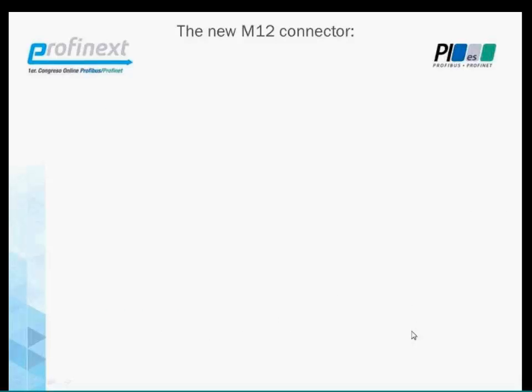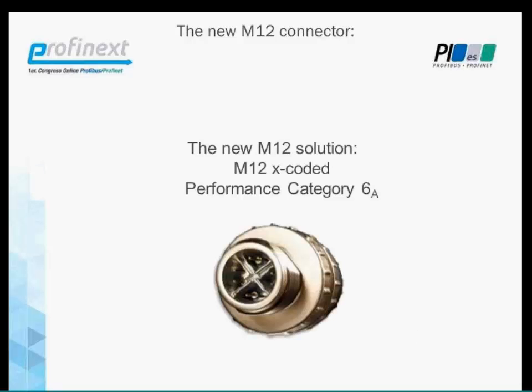And since we have decided to use 4-pair cabling in the future, the Profinet connector we used in the past was a connector with 4 pins. And of course, you cannot put 4 pairs onto a connector with 4 pins. So it was necessary to realize a completely new M12 connector solution with performance category 6A.